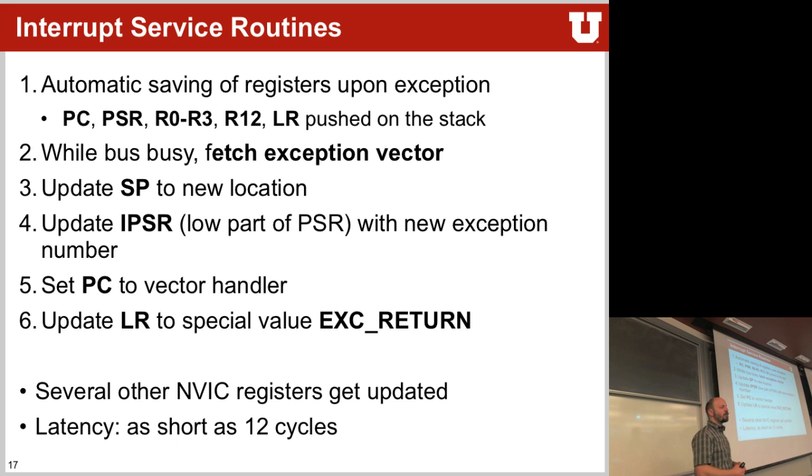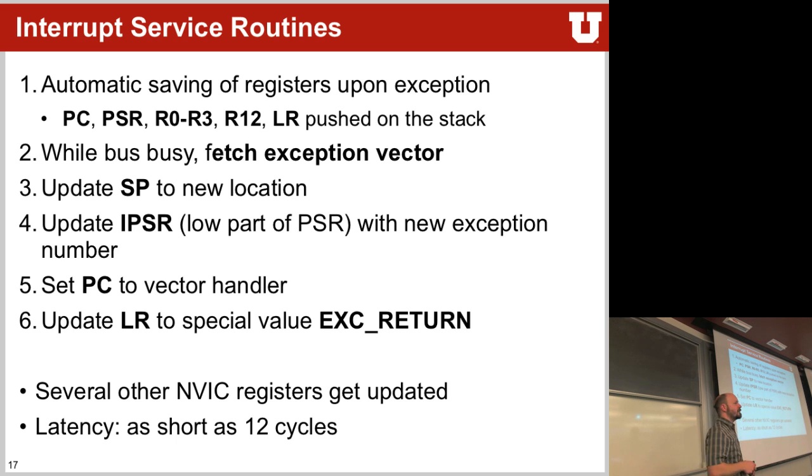Then, while it's busy doing that, because the stack is somewhere in memory, so it has to be transferred over in the memory, at the same time it will fetch the exception vector. So it will see which interrupt happened, read that memory location, and update the stack pointer to point to the new location because it just pushed a bunch of things onto the stack.